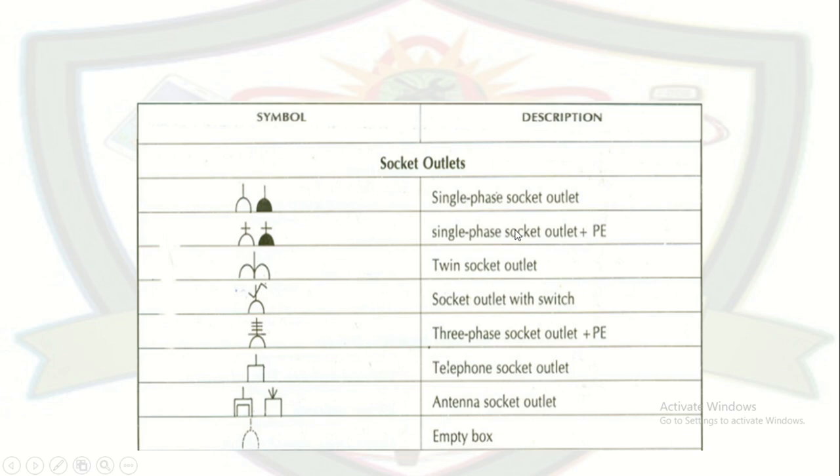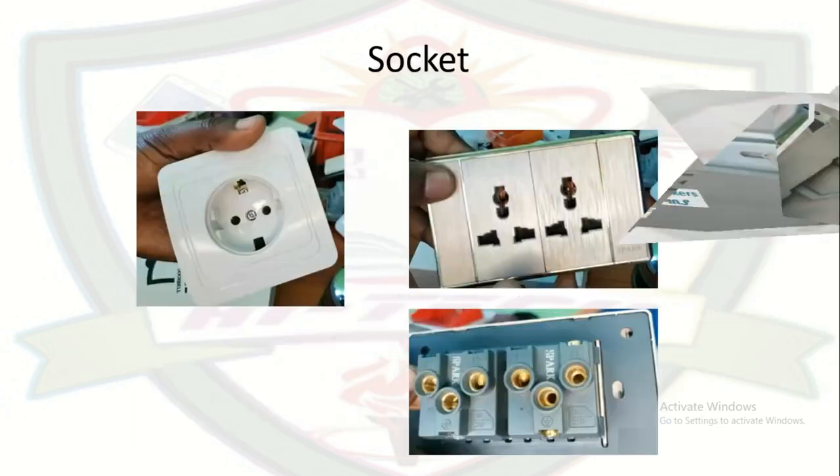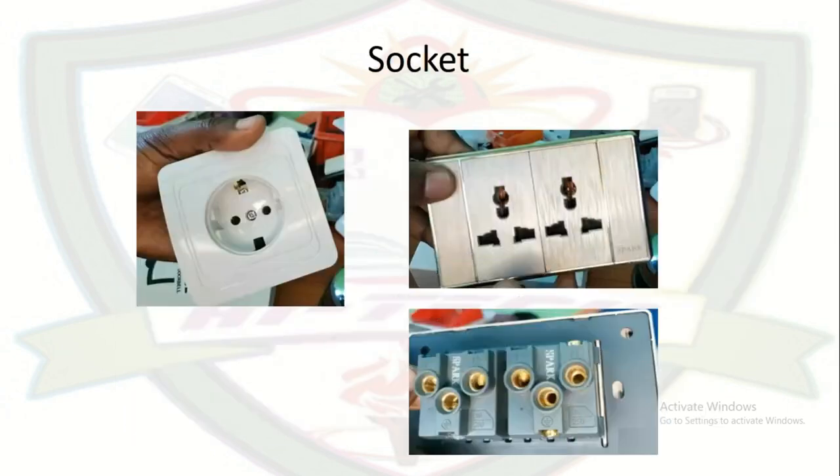This one is single phase socket outlet plus protectioners. So this socket has 3 holes, just like this. The back of this socket is here. So this one is for protectioners.